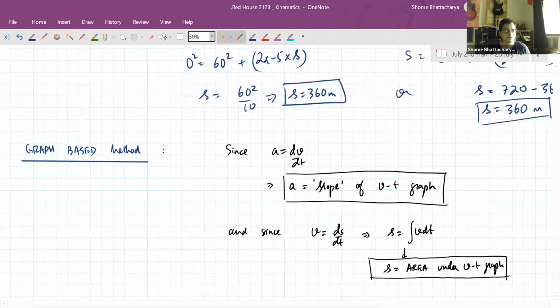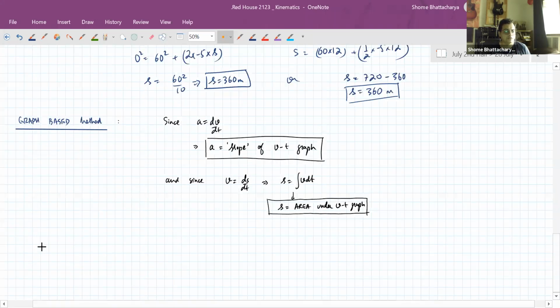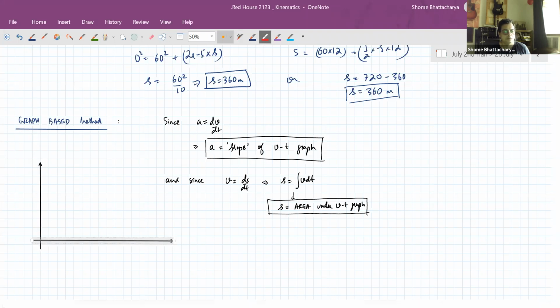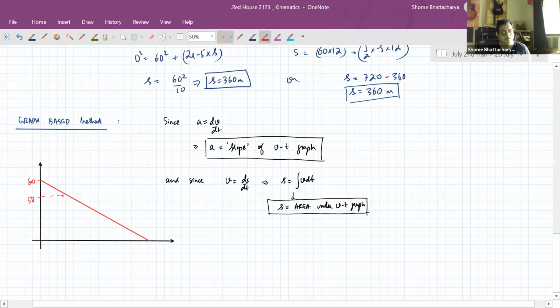Since our graph was like this, it was 60 and this became 50 after 2 seconds.